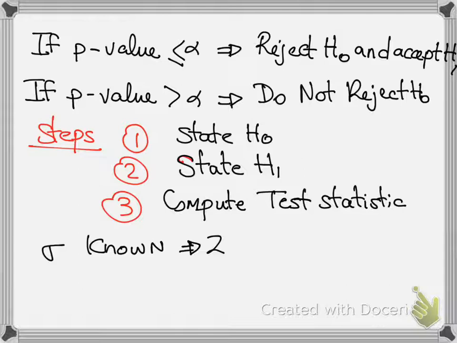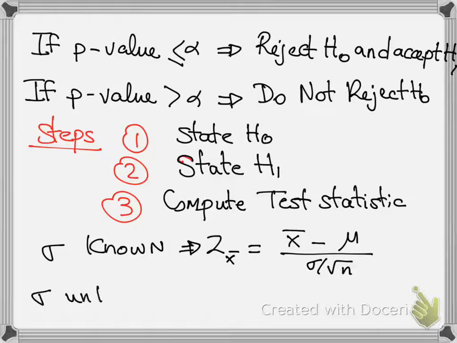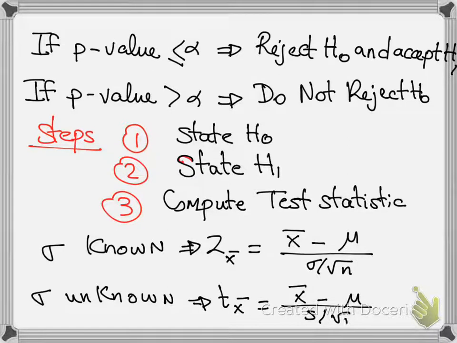So z of x bar is equal to x bar minus mu over sigma divided by square root of n. If sigma is unknown, we use the t-test, so t of x bar is equal to x bar minus mu over s over square root of n, where we use the sample standard deviation s.